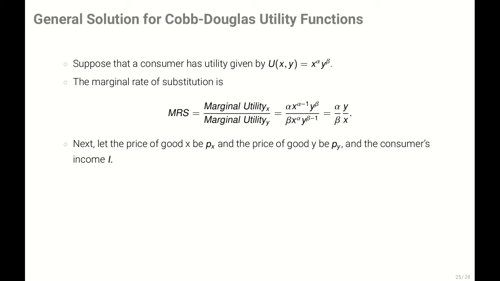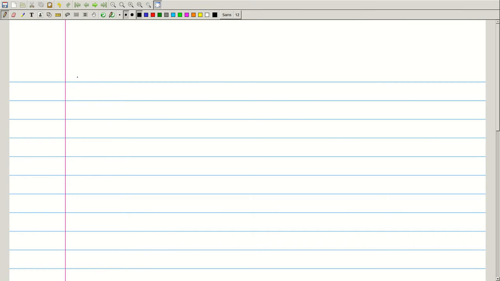And so if you cancel all this out, you can notice that y to the beta minus 1 over y to the beta is just y to the minus 1, and so y remains on the bottom. You can do likewise for x, and so x is just going to remain on the top. If the MRS is equal to alpha over beta times y over x, then this just needs to be equal to the ratio of prices.